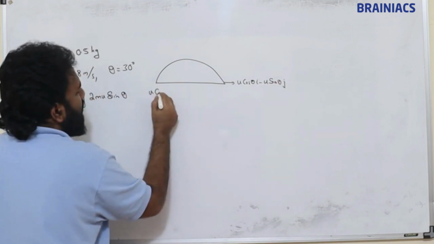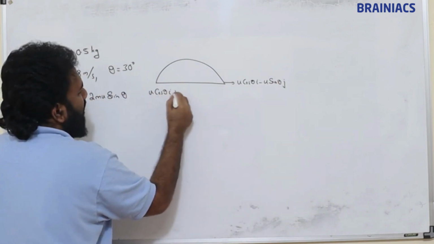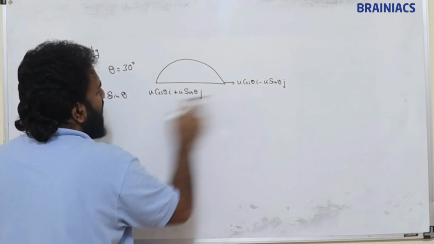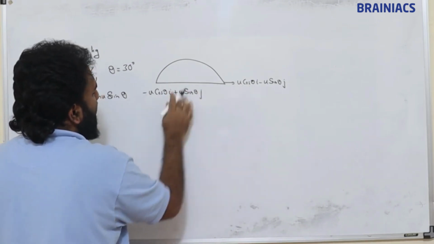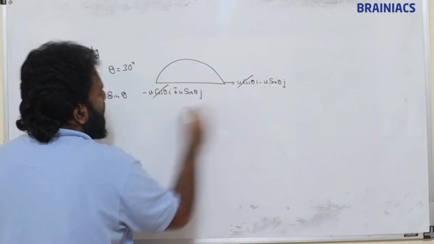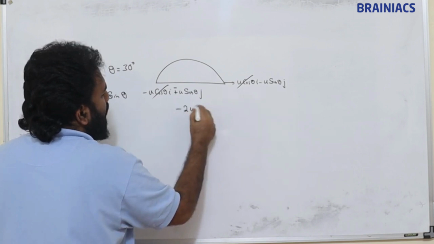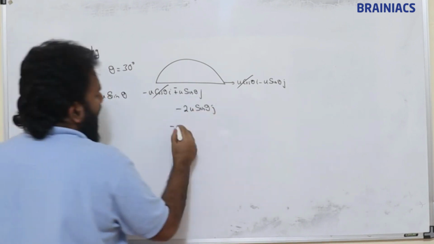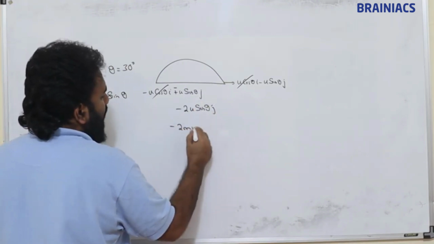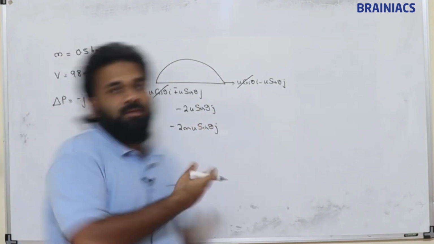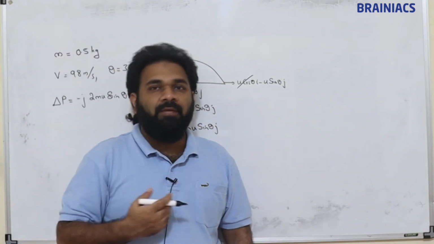Here the initial velocity is u cos theta i plus u sin theta j. So this minus this means here minus will come, here also minus will come, this will be cancelled off. So minus 2u sin theta j. If we multiply m also, the change in momentum is 2mu sin theta j. So you will be able to take the values very fast.